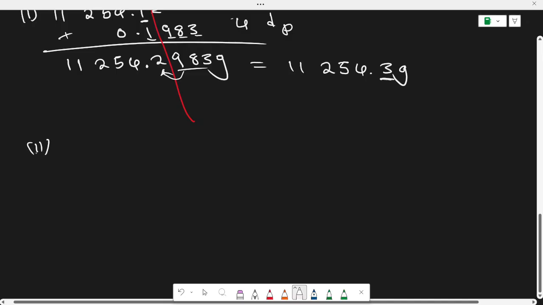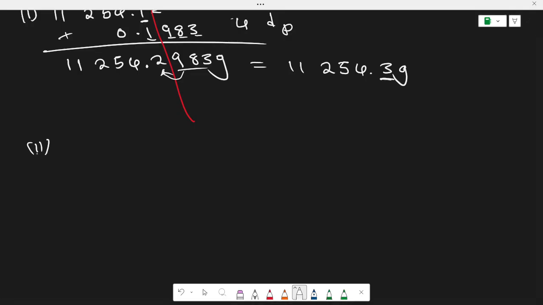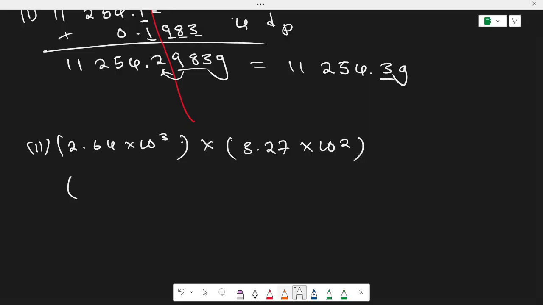Let's quickly do one for multiplication. Say you have 2.64 times 10 to the power 3, and you're multiplying this by 3.27 times 10 to the power 2. How do you go about this? Well, simple.